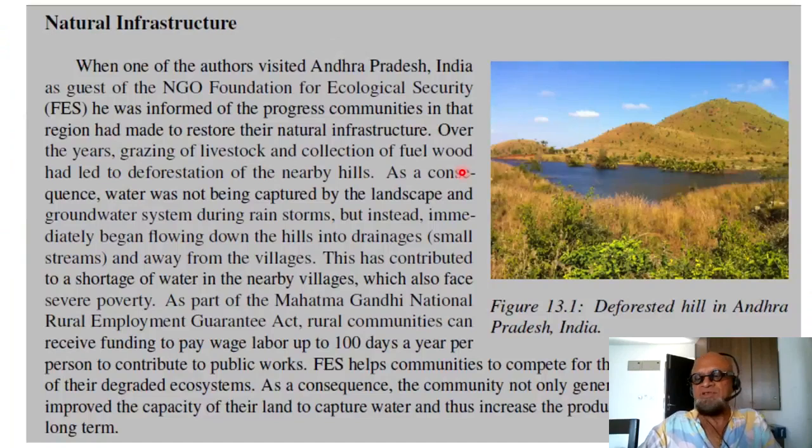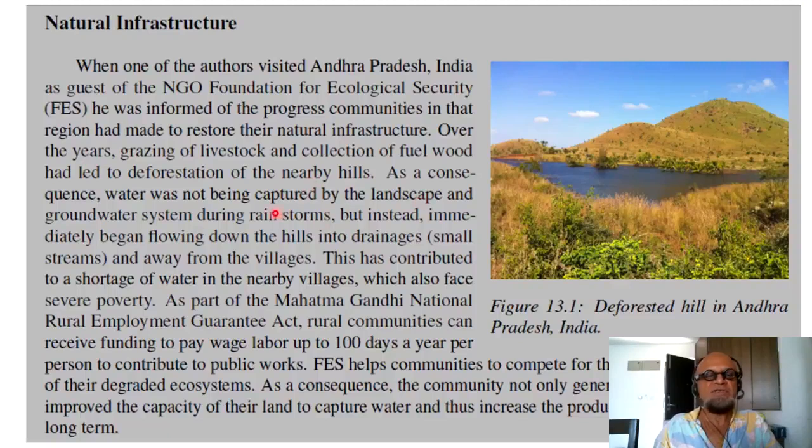Starting with an example, a deforested hill in Andhra Pradesh, India. This is about the natural infrastructure. When one of the authors visited Andhra Pradesh, India as a guest of the NGO Foundation for Ecological Security, FES, he was informed of the progress communities in that region had made to restore their natural infrastructure. Over the years, grazing of livestock and collection of fuel wood had led to deforestation of the nearby hills.